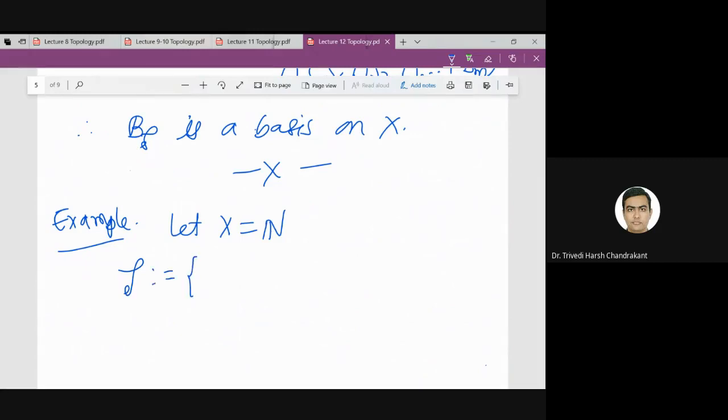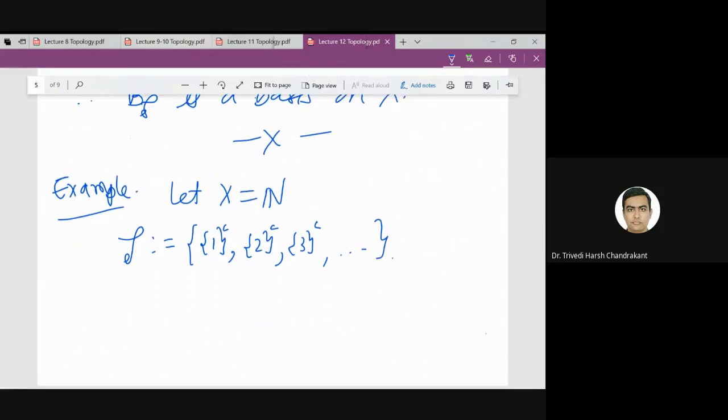If I define S as the family of the complement of singleton 1, the complement of singleton 2, the complement of singleton 3, and so on, is S a subbasis on X?